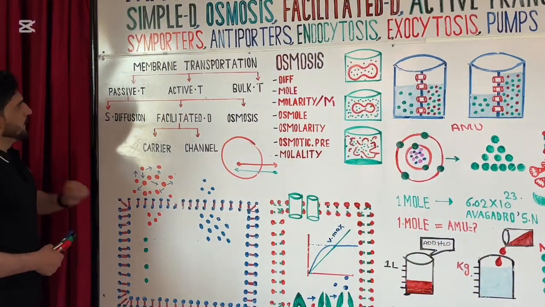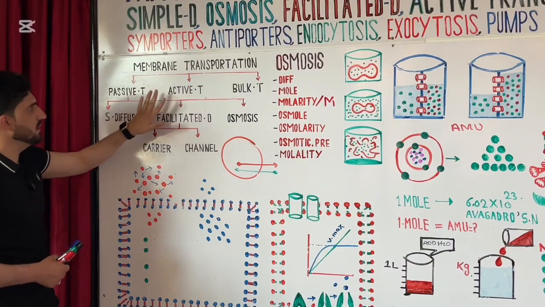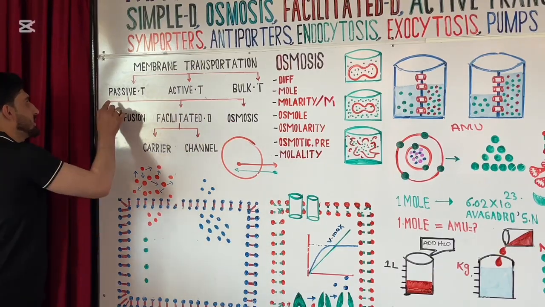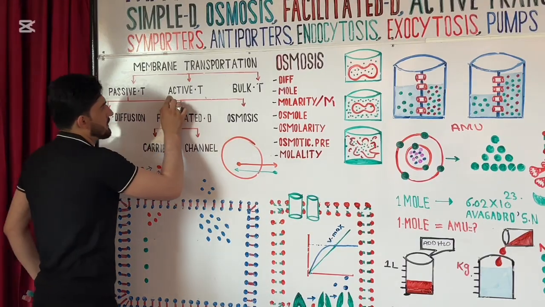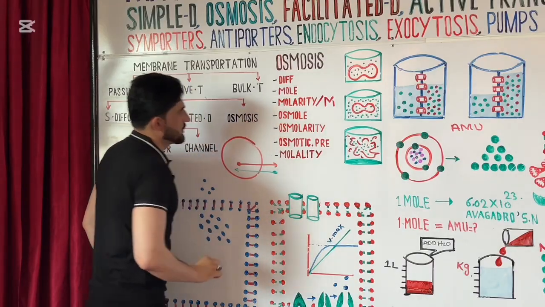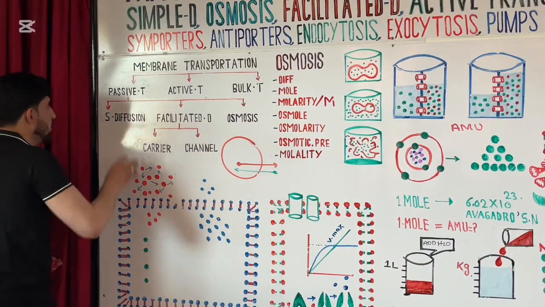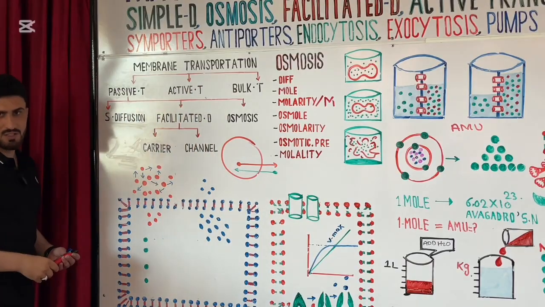So first of all, cell membrane transportation is actually of three types. One type is called passive cell membrane transportation, the next type is called active cell membrane transportation, and the third type is called bulk transportation. What are the differences between passive and active transportation?